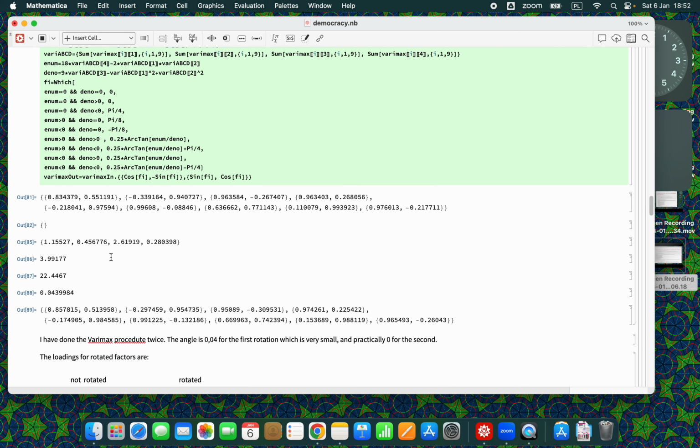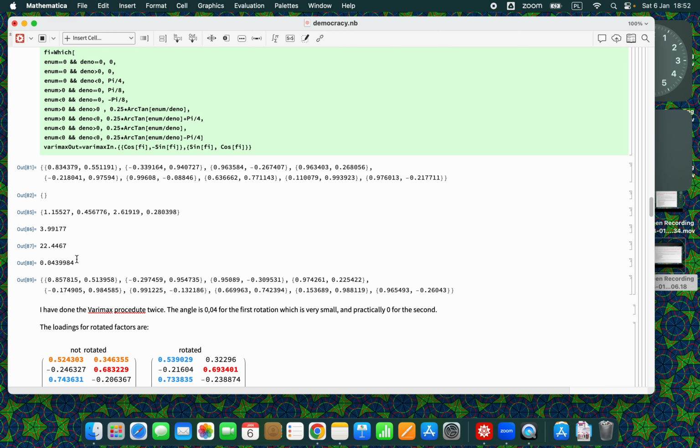And after the first procedure, we see that this angle is very, very small. So probably using two factors, we cannot do much more.